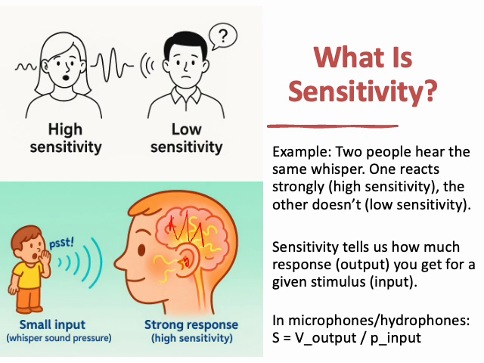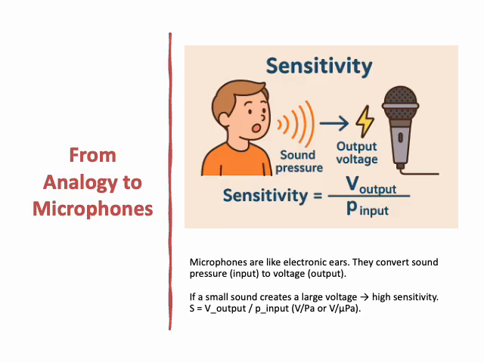Therefore, we can say her sensitivity is output response divided by input received pressure, or sound pressure. Higher sensitivity means a larger response for the same input pressure. The same idea applies to microphones and hydrophones.